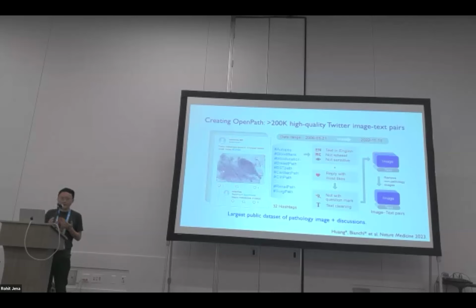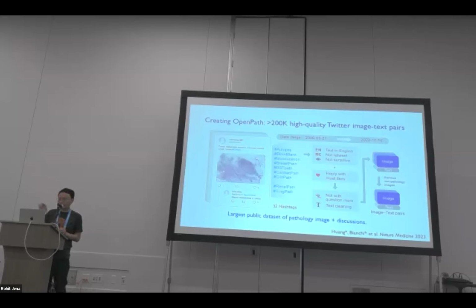Those are very convenient, because we can use the hashtags as an initial filter to get a subset of tweets that are potentially relevant. That gives us an initial pool of millions of potentially relevant tweets. Then we built a lot of classifiers to filter out low quality ones. A computer vision classifier filters out images that are noisy or have too low resolution, and an NLP classifier filters out low quality text.